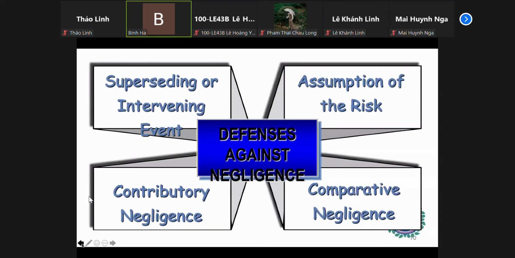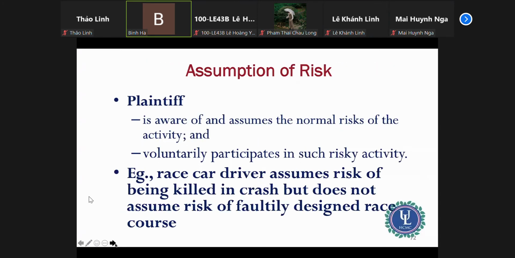Okay. So the next type of defense available under the tort of negligence is assumption of risk. There are two elements that you need to prove if you want to use assumption of risk as a defense. The defendant has to prove two elements. The first one is that the plaintiff is aware of and assumes the normal risks of the activity, and the plaintiff voluntarily participates in such risky activity.